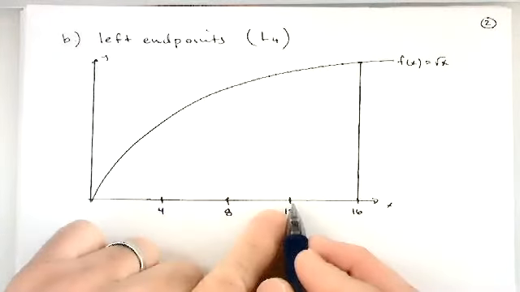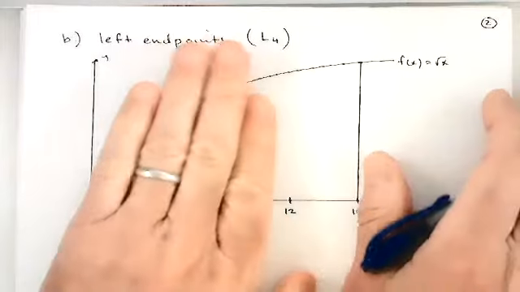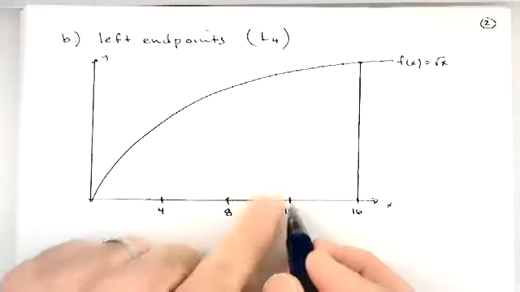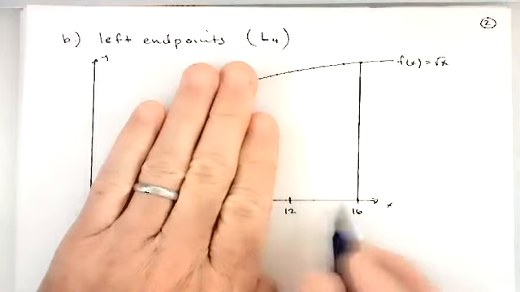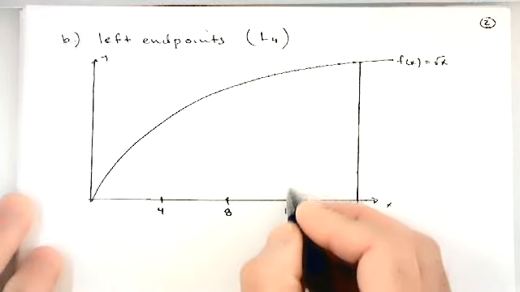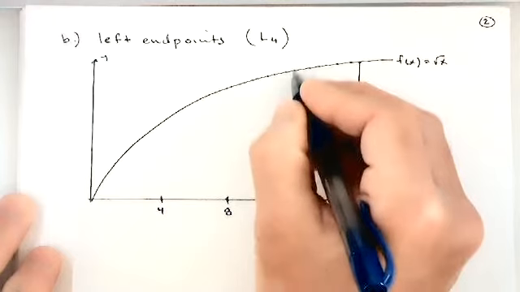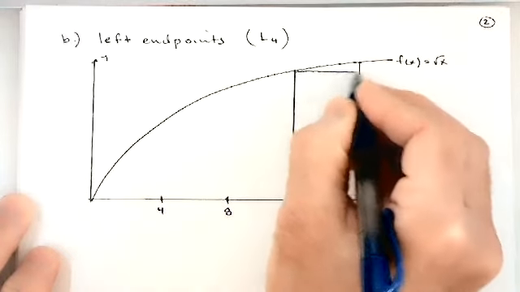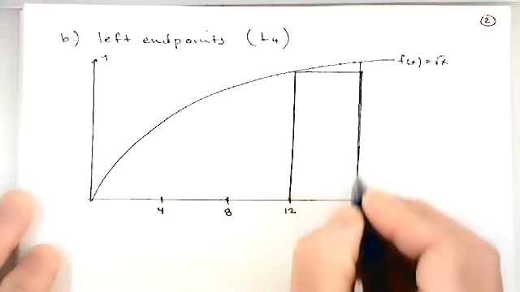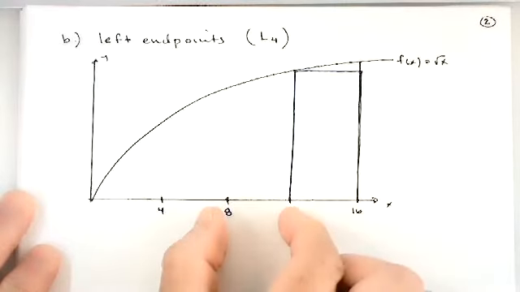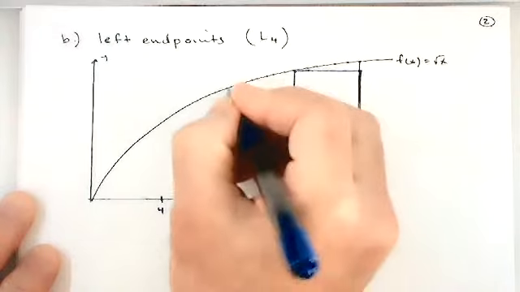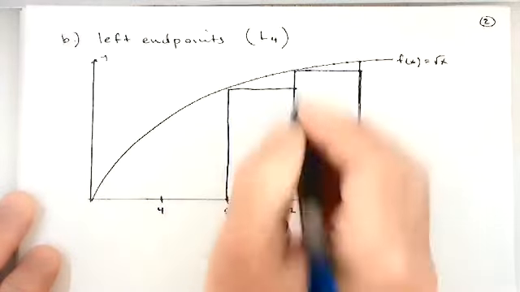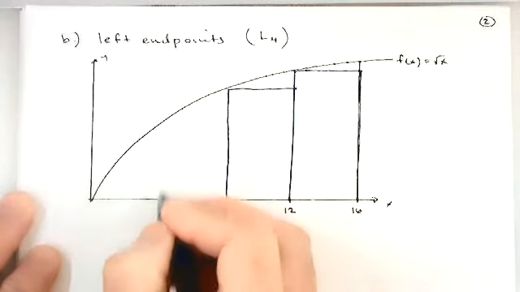You can do it any way you want. So if I take this rightmost subinterval from 12 to 16, this time I'm going to take the left endpoint in that interval, and wherever that hits the function, I'm going to draw a rectangle coming back to the 16 here. Between the 8 and the 12, I'm going to take the left endpoint. Come back. I get a rectangle between the 4 and the 8.